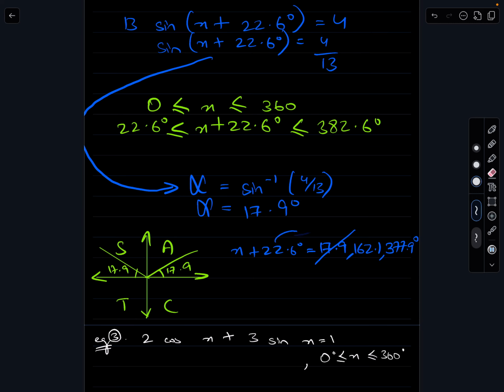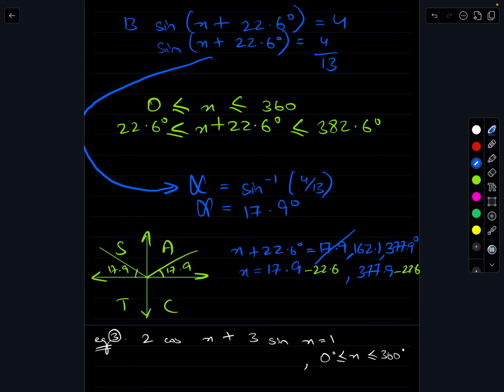We'll solve for x, and we have 17.9, 377.9 minus 22.6, minus 22.6.